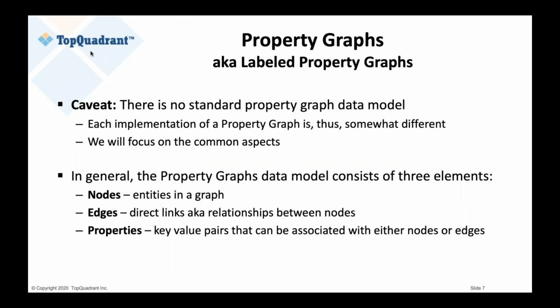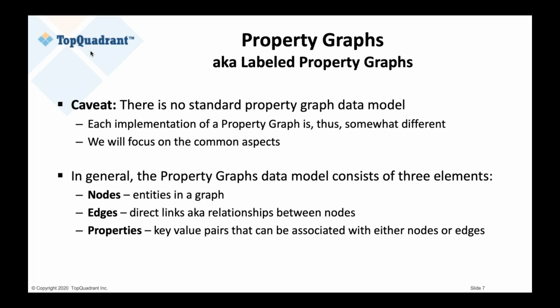There's one caveat that I need to make in the beginning: with an RDF knowledge graph, there are standards by the W3C, and all vendors implement those standards. So you could talk about what they are and the representation underneath and say it's the same across. With property graphs, it's not quite the same. There are lots of similarities and lots of common qualities, but there are still some differences in implementation.